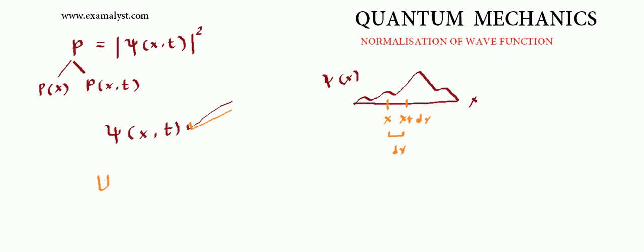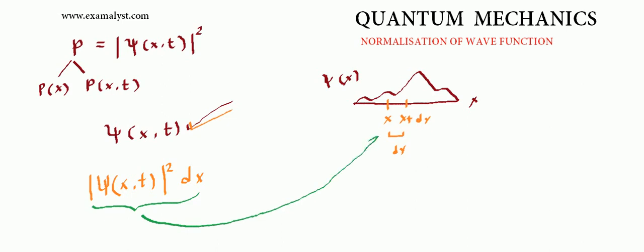Then the probability is written as the square of psi of x, t, into dx. So this is the probability of finding the particle in a particular region, from x to x plus dx.